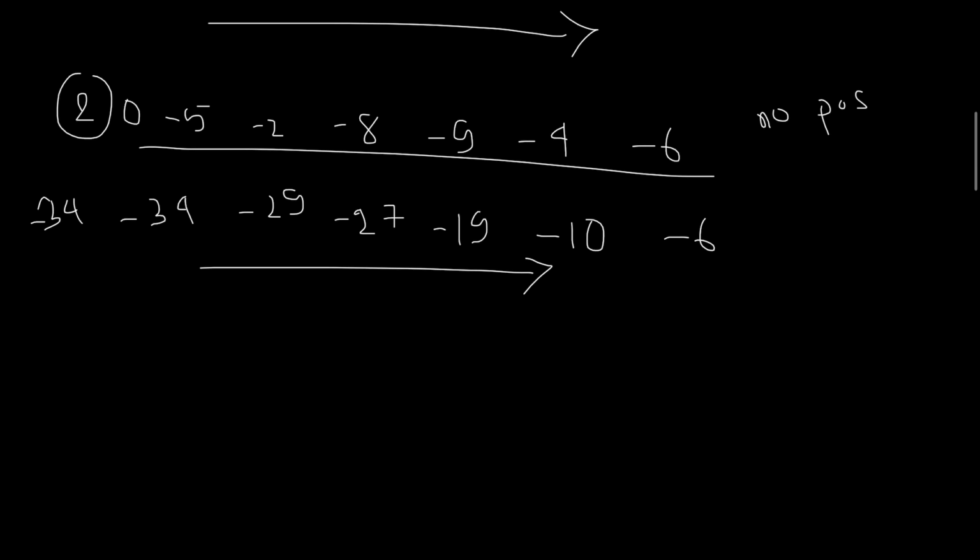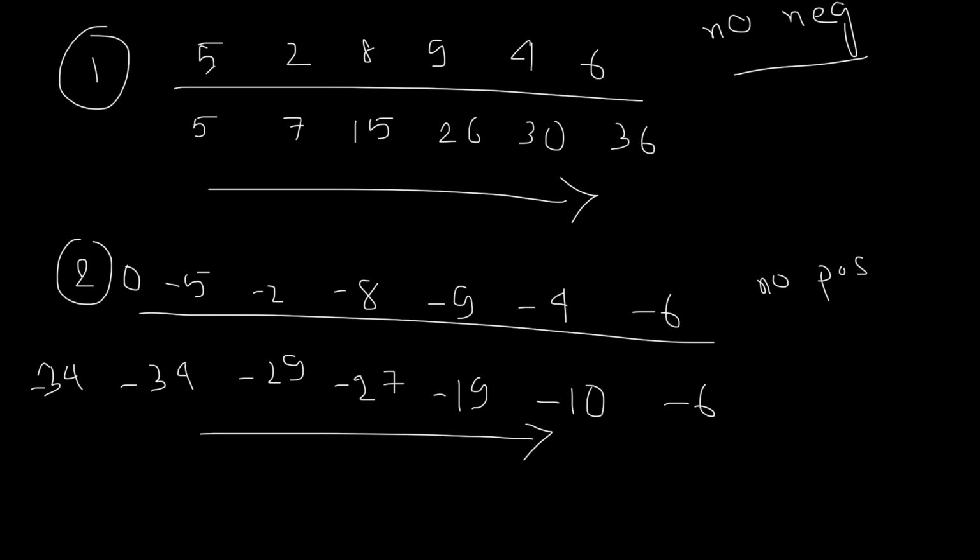Now let's take a look at the complex one. If there is a mixture of positive and negative integers and zero too, so what will we do? Our first goal is to make the whole array either positive integers or negative integers, and then we can continue from step 1 and step 2, right?